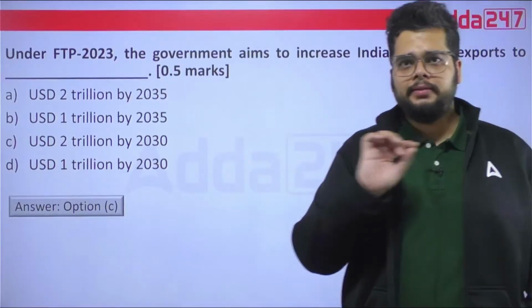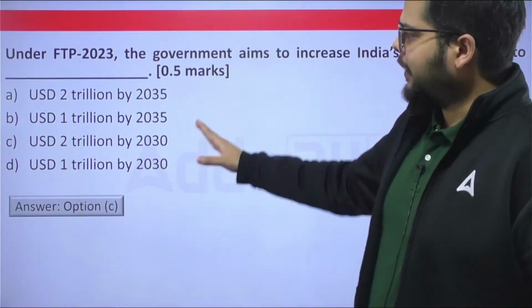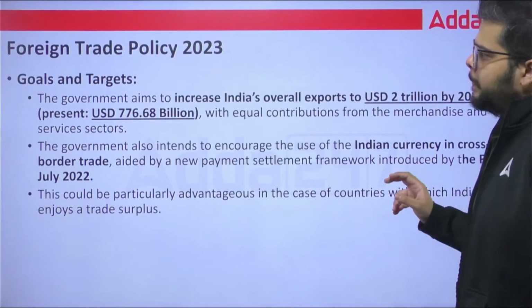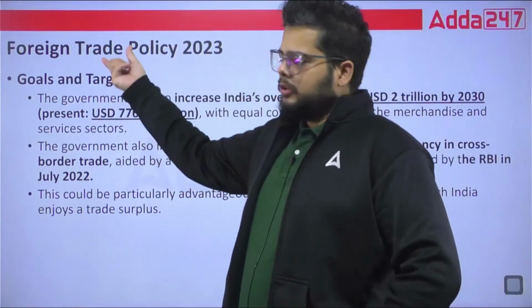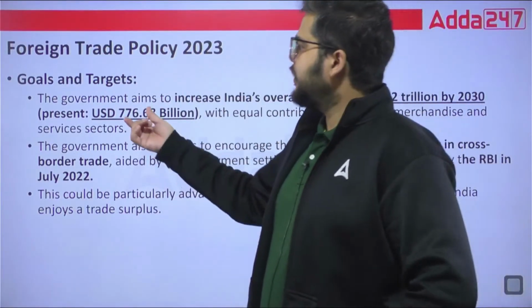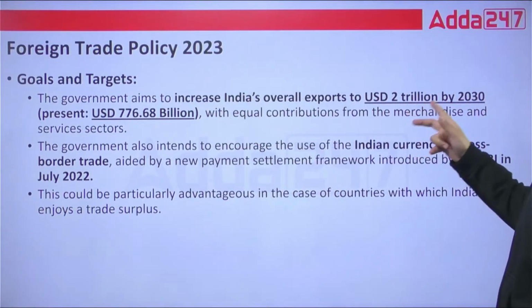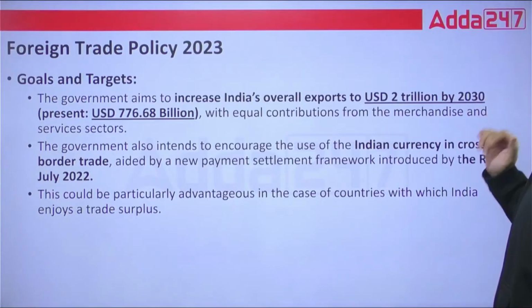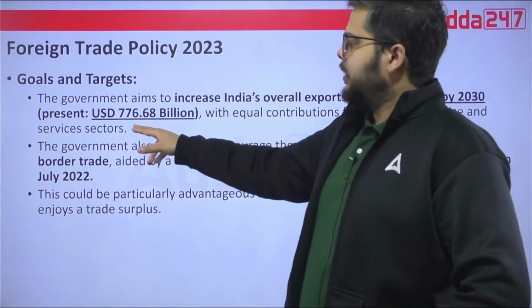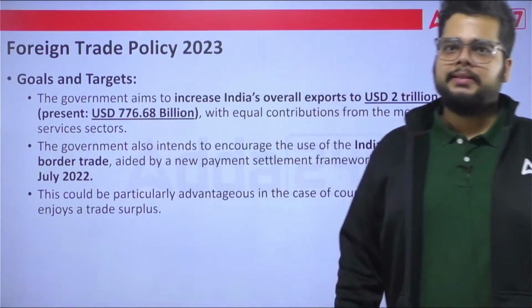Okay, mark this, very important. It is highly expected in the examination. So when I talk about the targets of FTP 2023, the government aims to increase India's overall exports to $2 trillion by 2030. Right now we have the numbers as 776.68 billion.